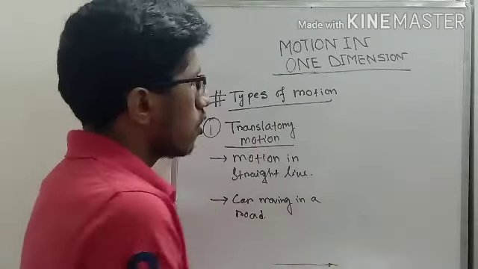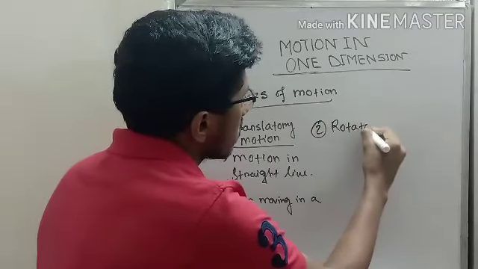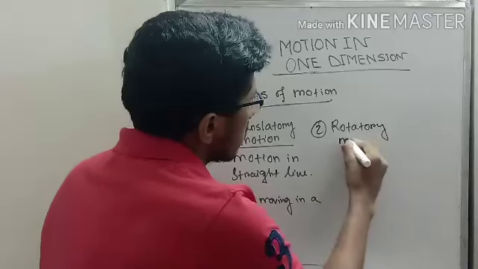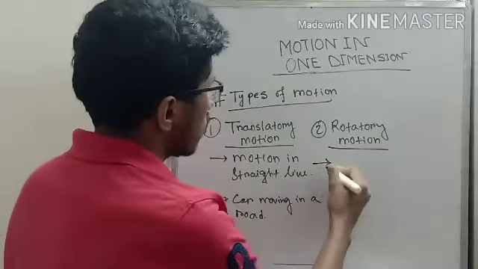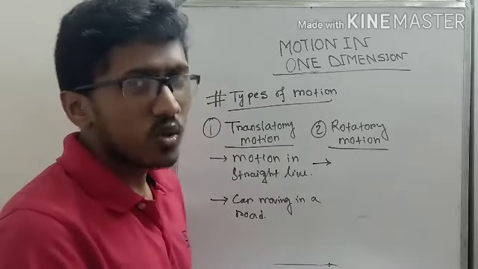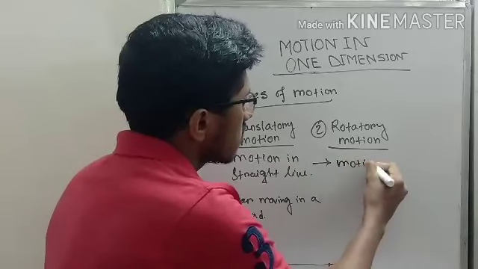Next is rotatory motion. What is rotatory motion? Motion in a circular path is called rotatory motion.